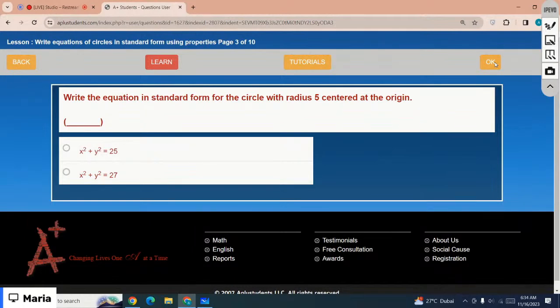The center of the circle would be (0, 0), right? So, correct option. Yes, the correct option is option number 1, x squared plus y squared equals 25.